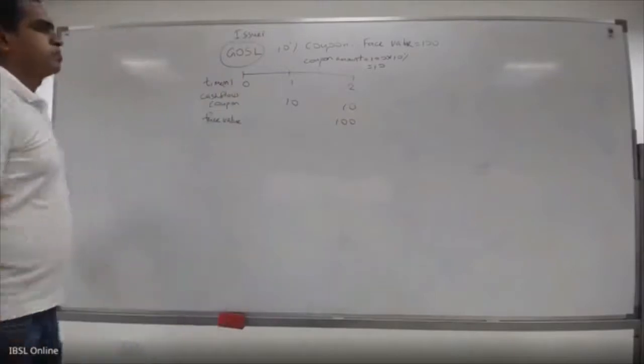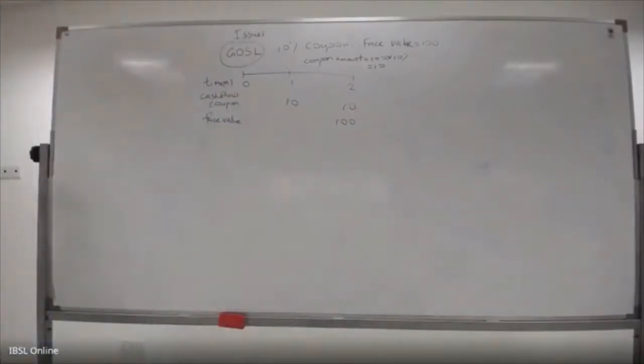Face value is the value that you get when it matures, or the par value.